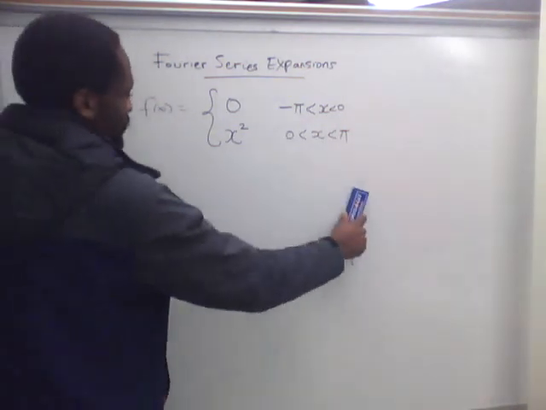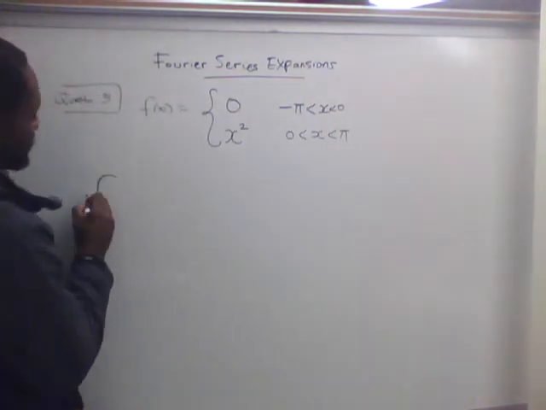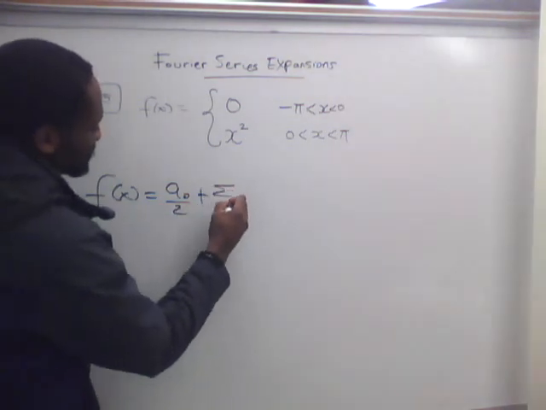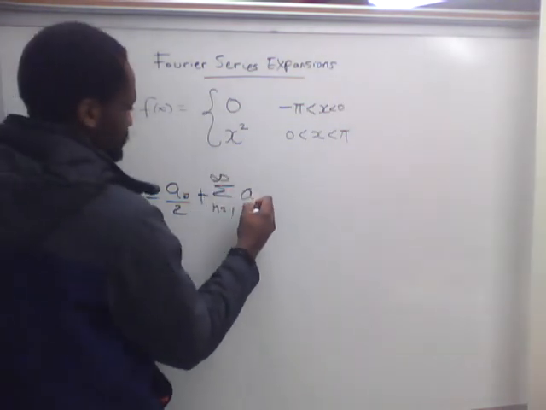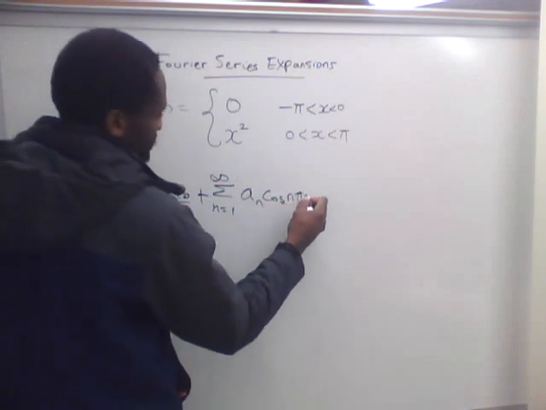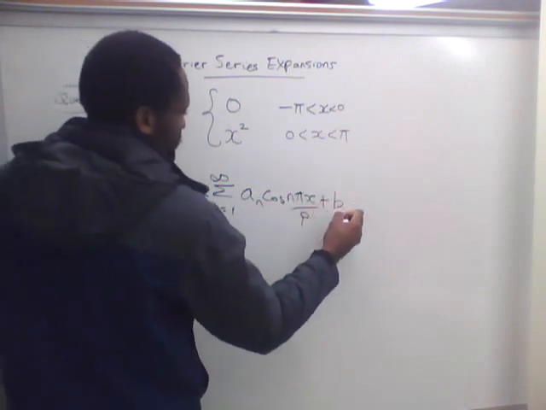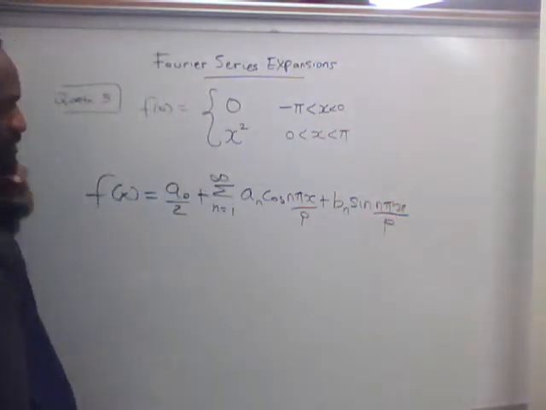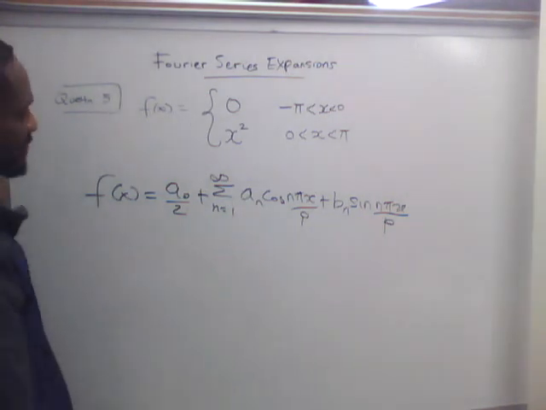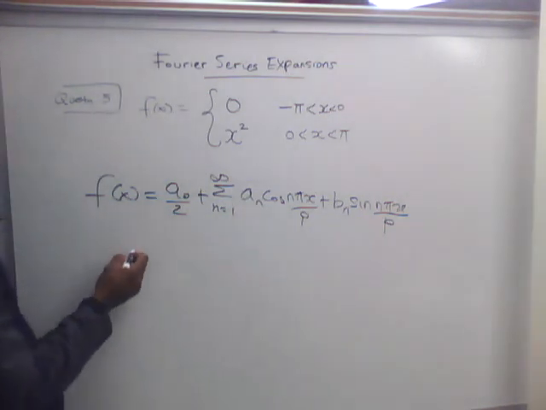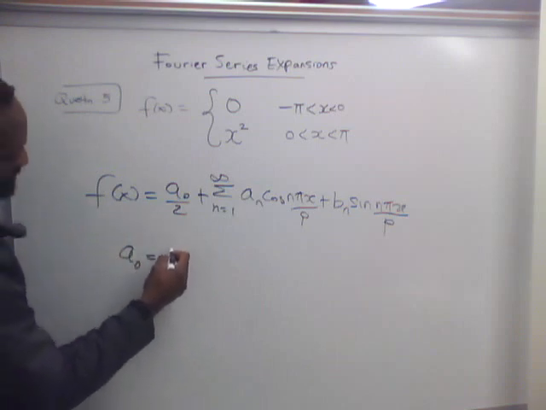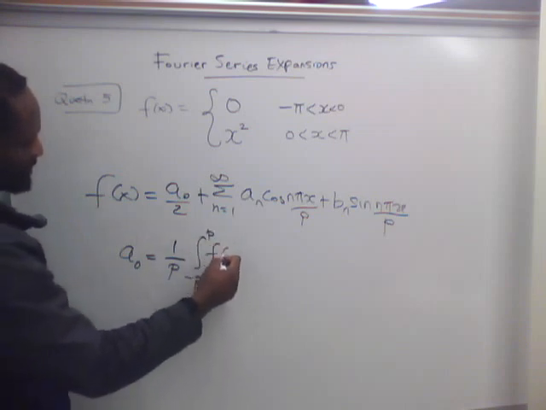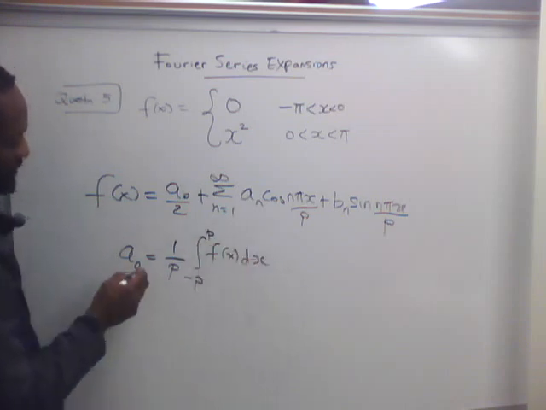The form that we're looking for is f of x equals a naught over 2 plus the summation. Okay, so this is the Fourier series, and those coefficients are determined as 1 over P, integral from negative P to P of f of x dx, for the a0.